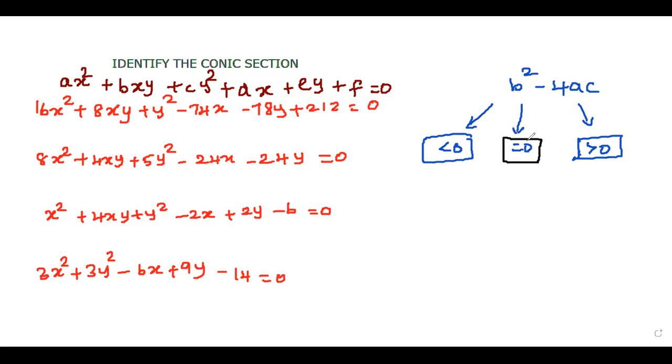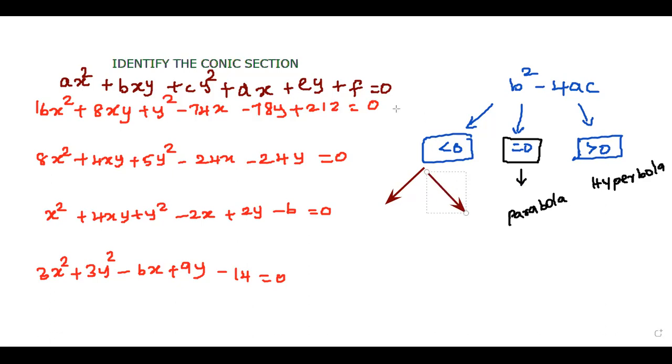If you're getting b squared minus 4ac equal to 0, then you can conclude such a conic section equation as the parabola. If it is greater than 0, then it is considered a hyperbola. If it is lesser than 0, then we need to check one more condition: whether b is equal to 0 or not equal to 0.